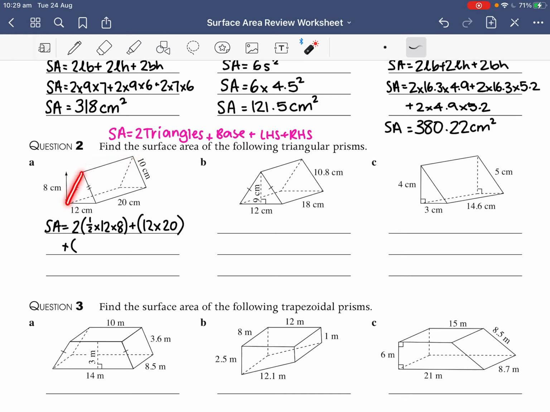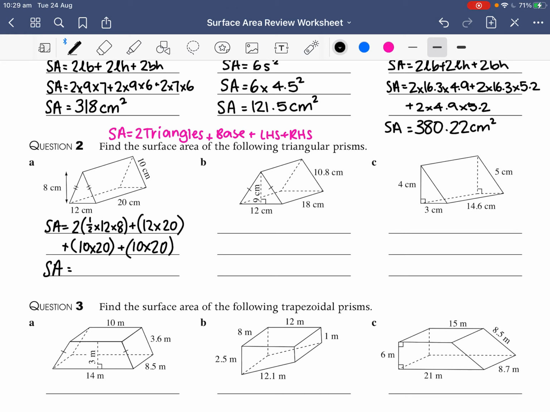Actually, sorry, this length is 10. So that's 10 by 20. Plus our right-hand side here, which has the same dimensions of 10 by 20.